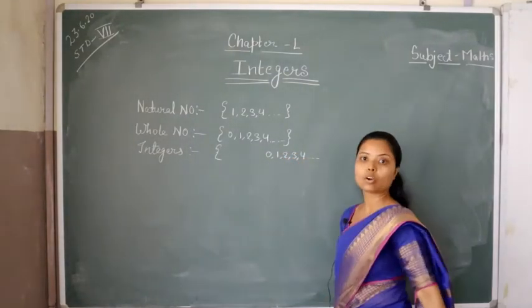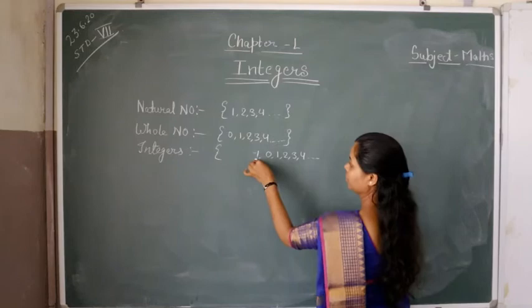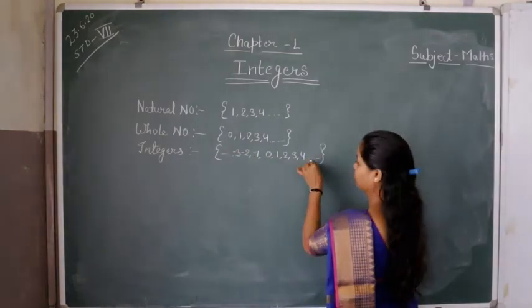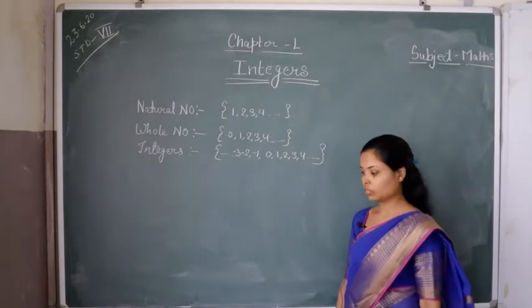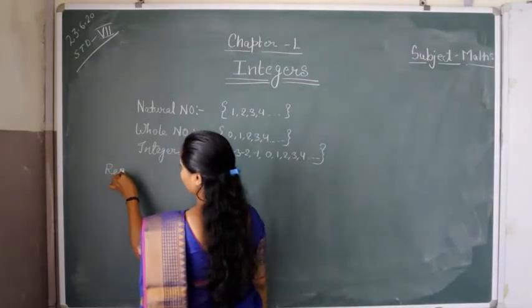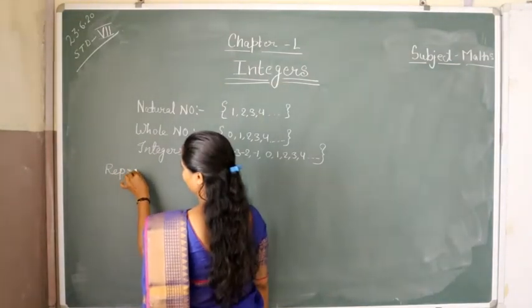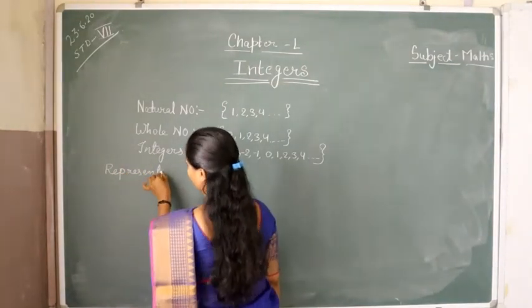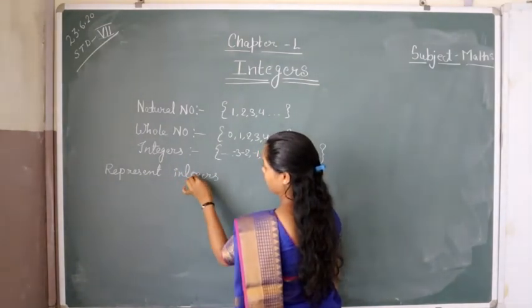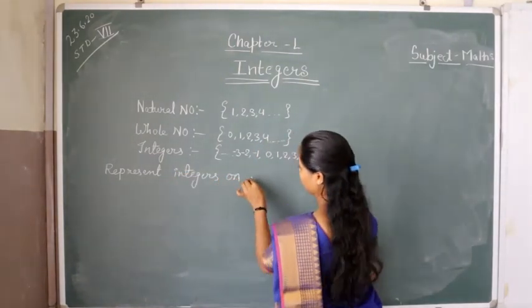Look at these, these are whole numbers, and then negative numbers. Now represent integers on a number line.